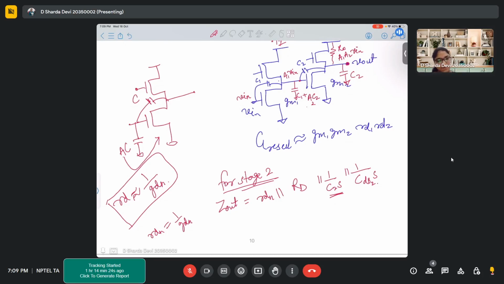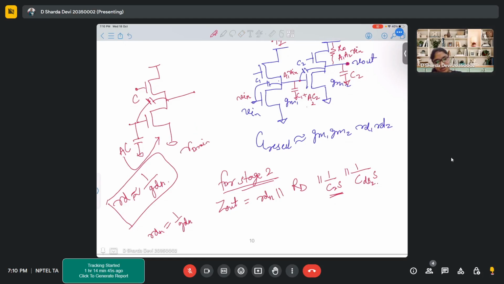The GM term also comes into the picture, but we ignore that because that 1 by GM term is very small compared to the 1 by GDN term. So I guess I should write it like R drain.